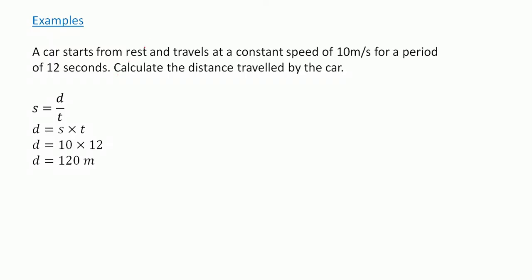Now, if we extract the information from the question, we know that the car is traveling at a constant speed of 10 meters per second. So therefore, the speed is equal to 10, and the length of time we are looking at is 12 seconds. So t is equal to 12.